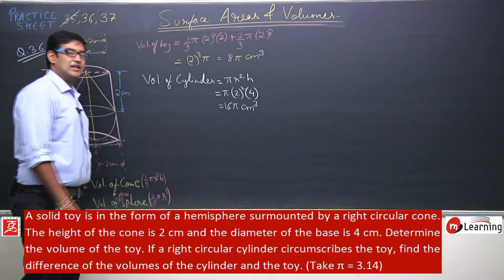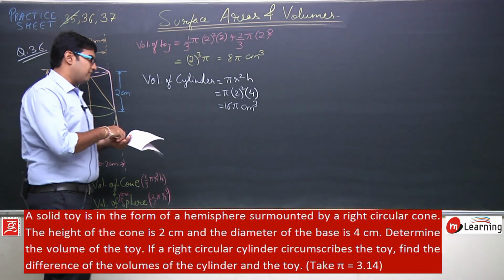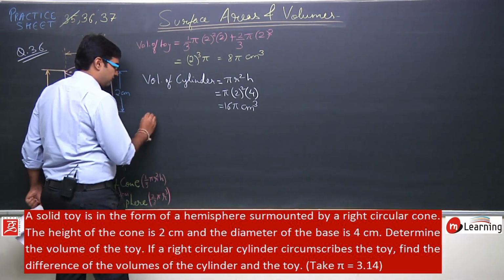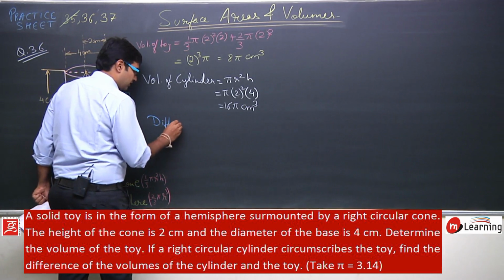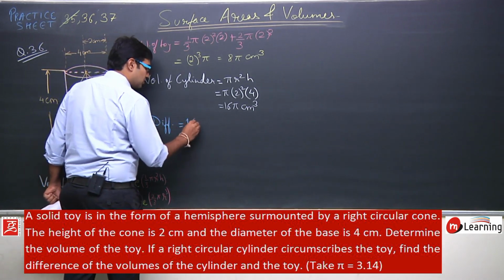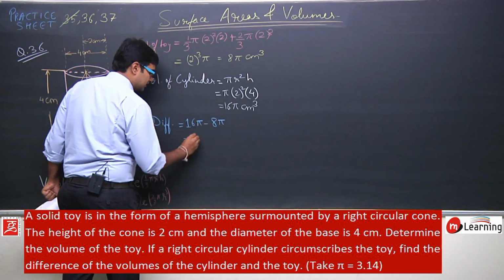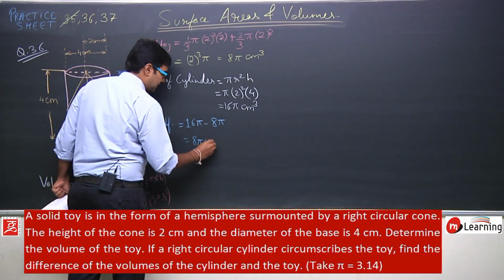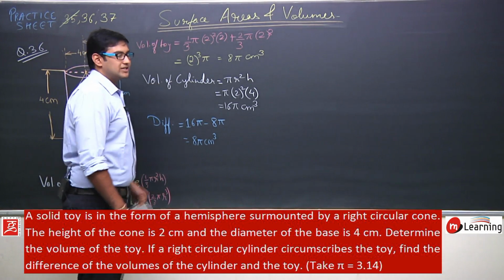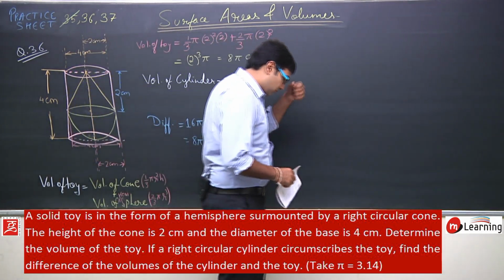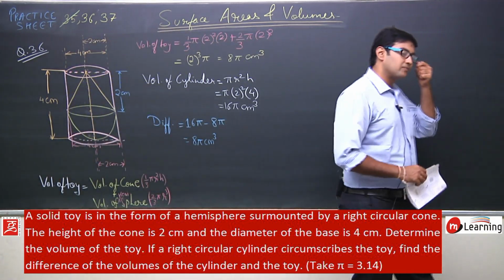This is the volume of the cylinder. Now what is the difference between both the volumes? Difference is equal to 16 pi minus 8 pi, that is 8 pi centimeter cube. This is the difference between the volume of the toy and the cylinder.